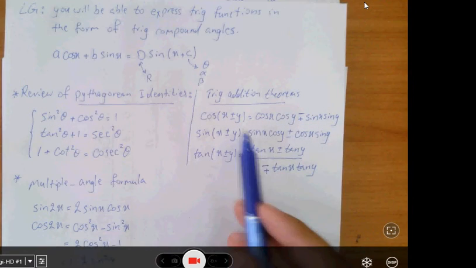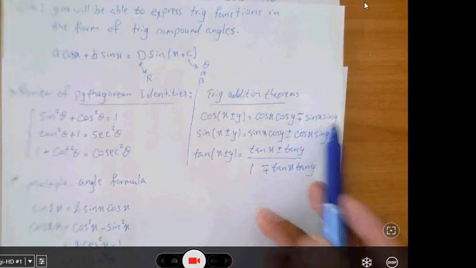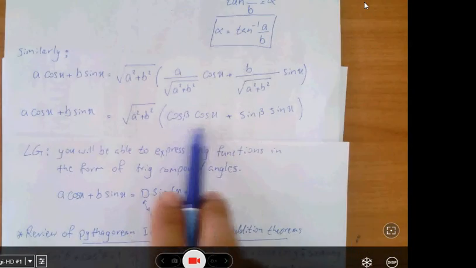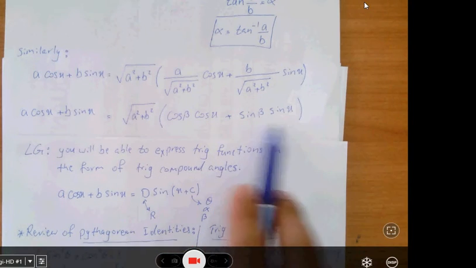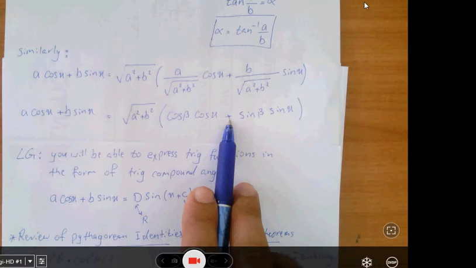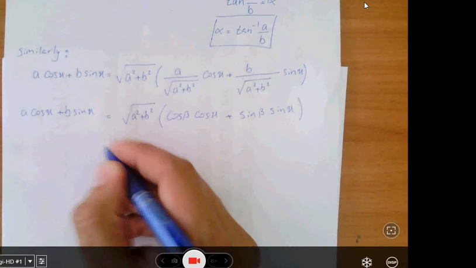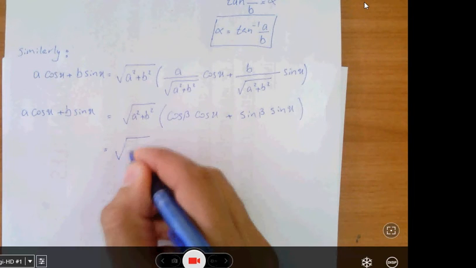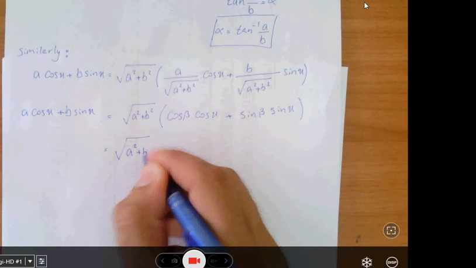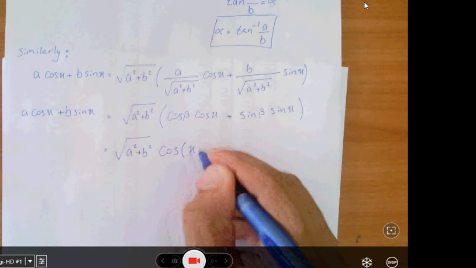Well, obviously cos x cos y, sin x sin y, cos beta cos x and sin beta sin x is going to be related to cos. And because there is a positive over here, it will become negative. So if I wanted to write that as a double angle, I have hypotenuse, square root of a squared plus b squared, times cos of x minus beta.